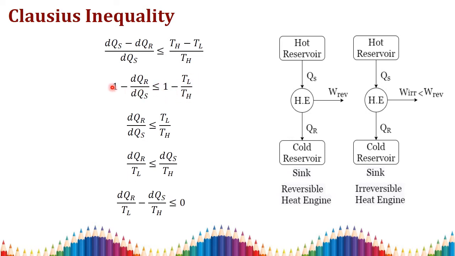Then we can cancel the plus 1 and minus 1. Then we can write dQr by TL, which is less than or equal to dQs by TH, which is less than or equal to 0. So this is the equation we can write.